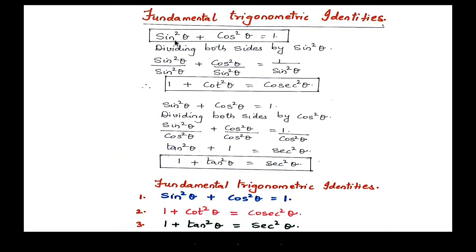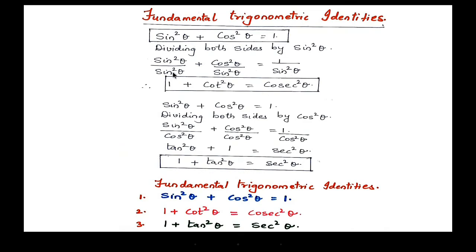You have already studied the identity sin square theta plus cos square theta is equal to 1. We can derive two more trigonometric identities from this identity. If you divide both the sides by sin square theta, we have sin square theta divided by sin square theta plus cos square theta divided by sin square theta is equal to 1 upon sin square theta.